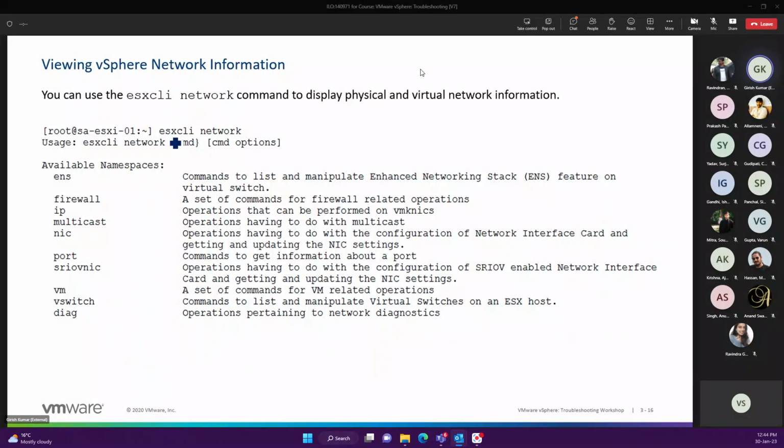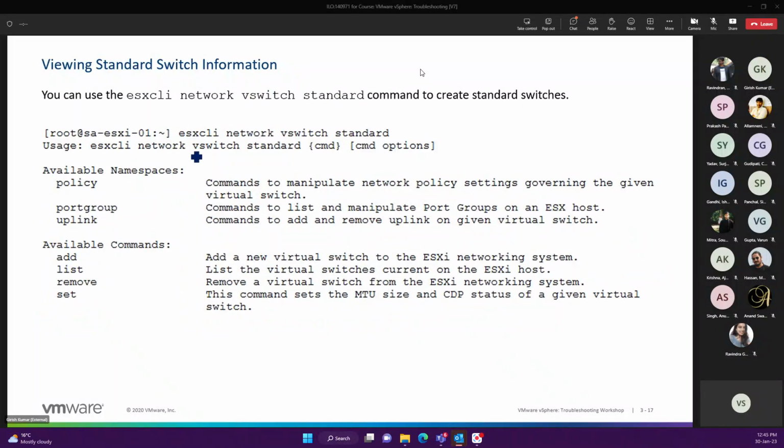This time, ESXCLI network. After that, these are the possible namespaces: firewall, IP, NIC, port, virtual machine, switch, diagnose. ESXCLI network vSwitch standard, then you can pick.